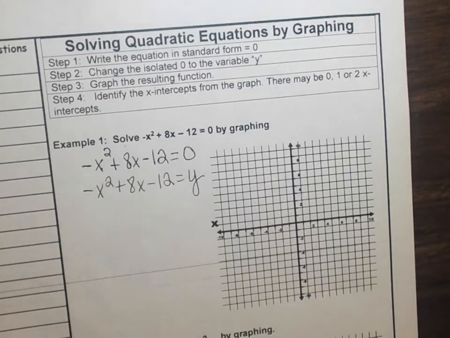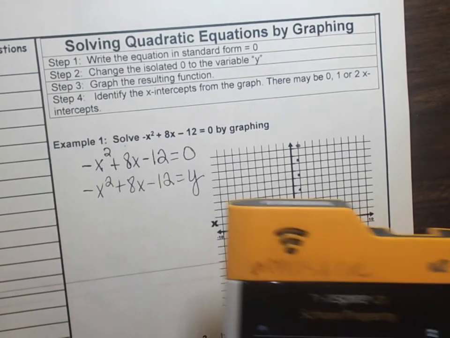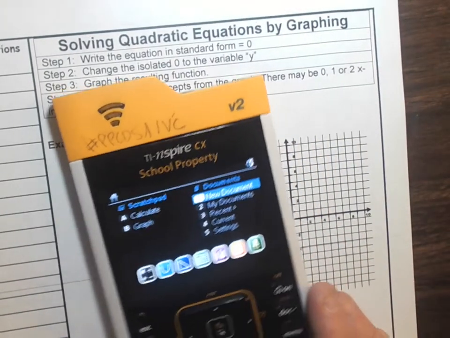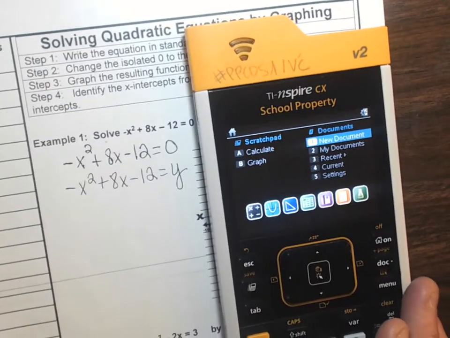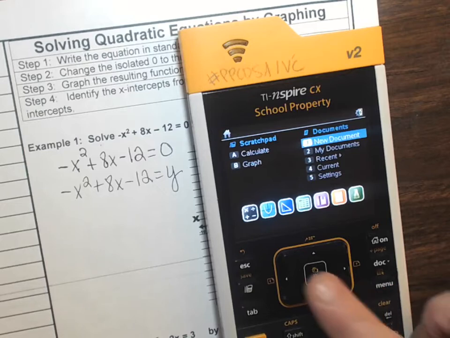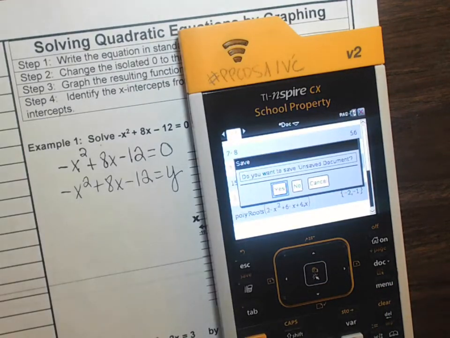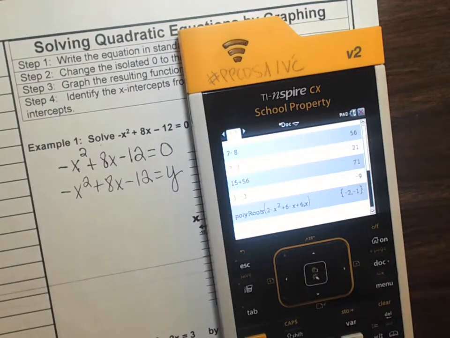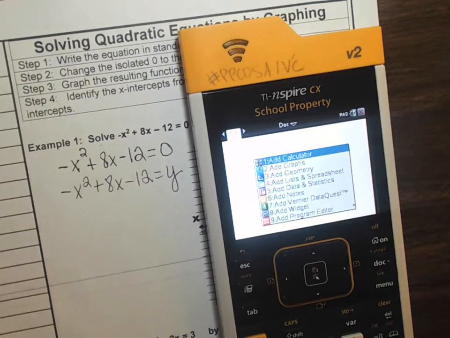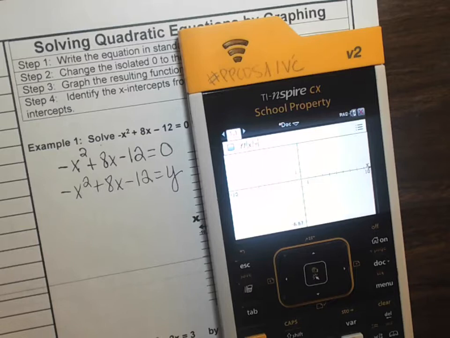So if you'll go to your calculator and turn it on, we're going to go to New Document. And again, remember, if it asks you to save, please check No. Since we're graphing, we're going to Add Graph. And we're going to type in our quadratic equation exactly the way it looks.